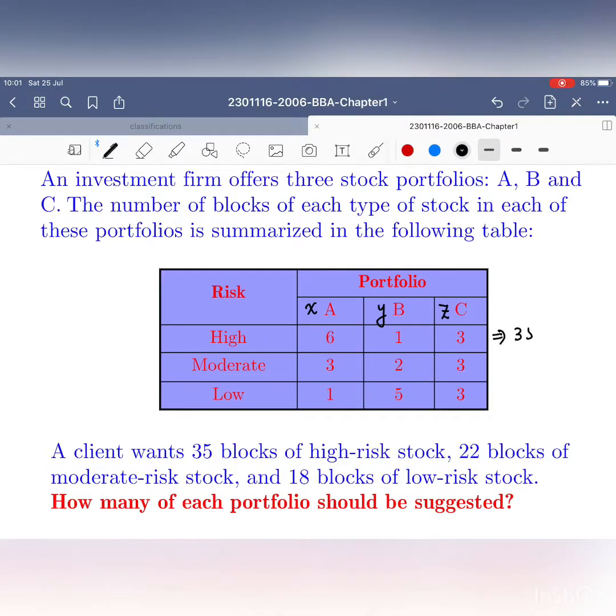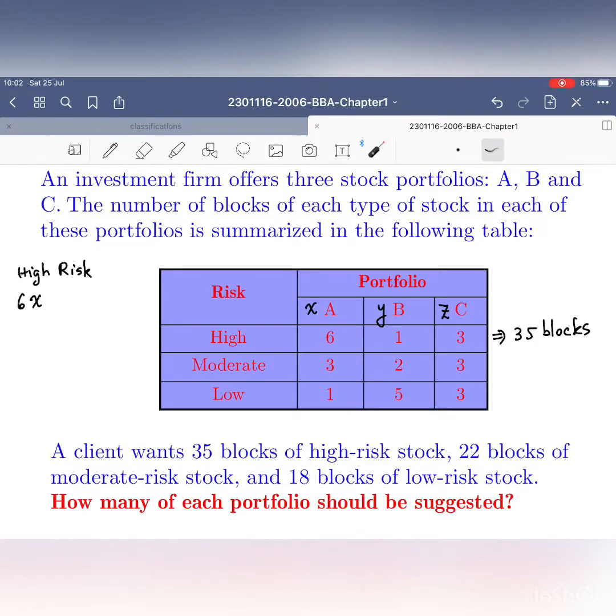If you invest 1 in A, only 6 high risk are obtained, but if you do X portfolios of A, then you are going to obtain 6X high risk stock. So for the high risk, you get 6X from the first portfolio.